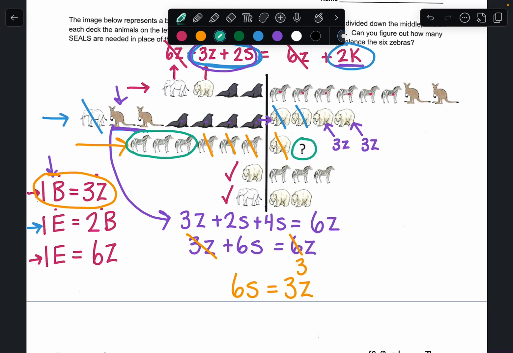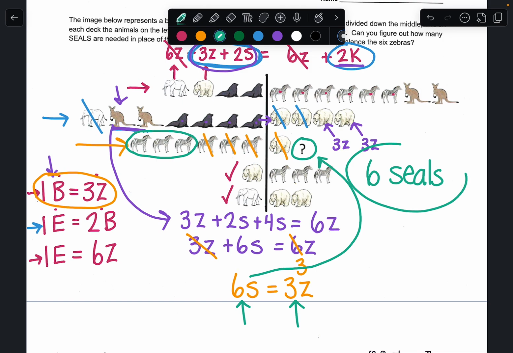We need to know 3 zebras equals how many seals? Well, from all of our math, we have 3 zebras, and we know that equals 6 seals. So that is our answer up here: 6 seals. All right, that's the boat problem.